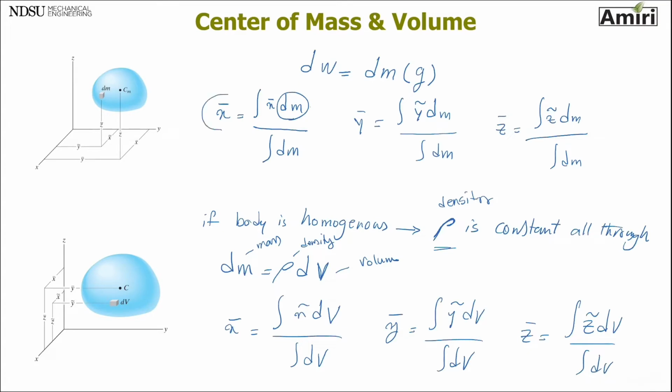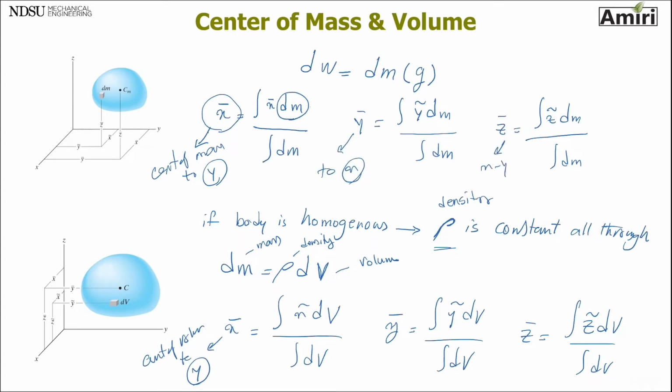So location of center of mass to the y-axis, location of center of volume to the y-axis, to the x-axis, to the xy plane, and so on. You kind of see a trend here.